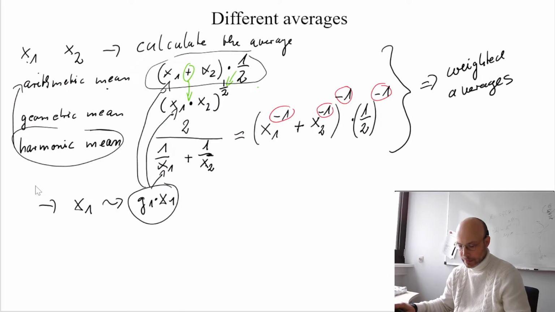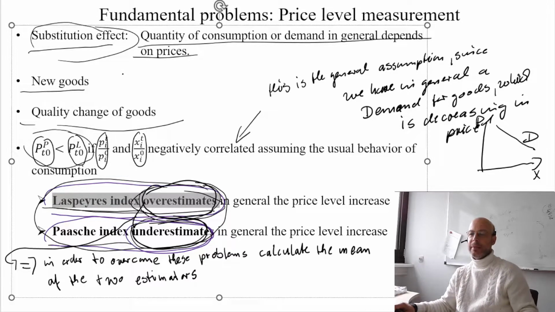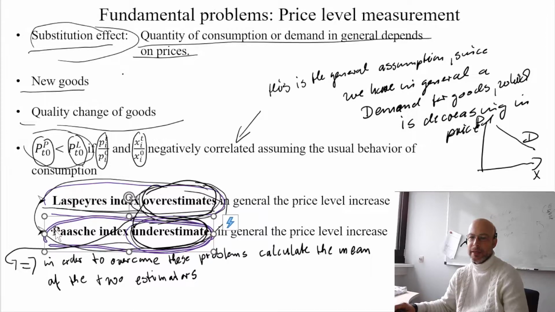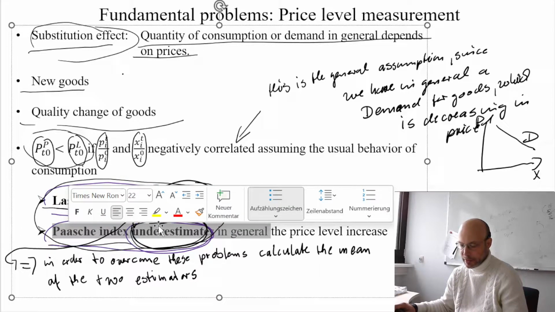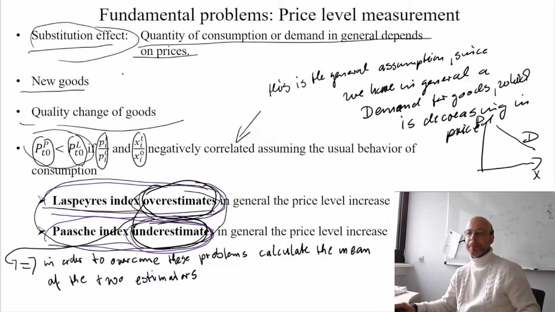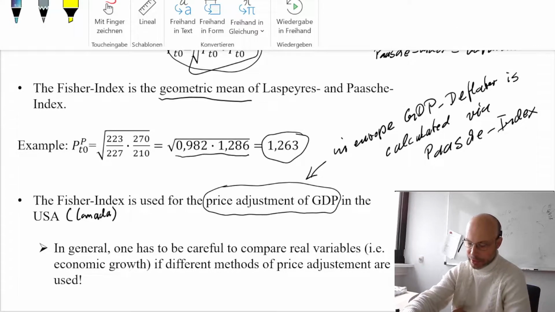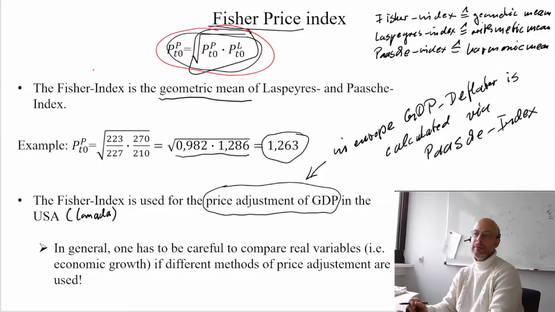and at least then, since, and this I also gave you here on this slide, that in general we can say that the last pair index overestimates due to substitution effects the general increase of the price level, while the partial index would more or less underestimate the increase of the price level, and therefore one invented also an average of these price levels, and this is called then the Fisher index, and the Fisher index is defined just as the geometric mean of the partial and the last pair index.